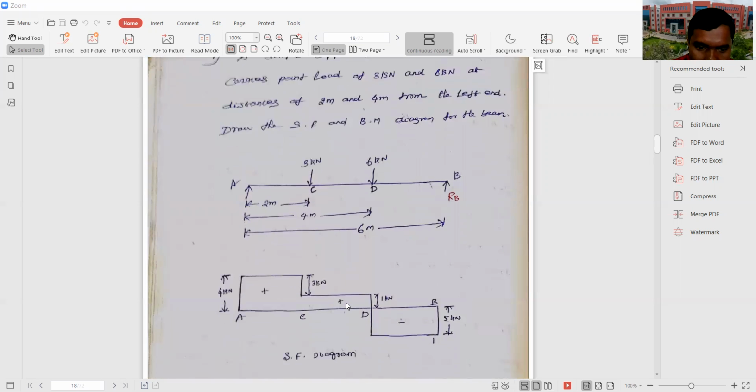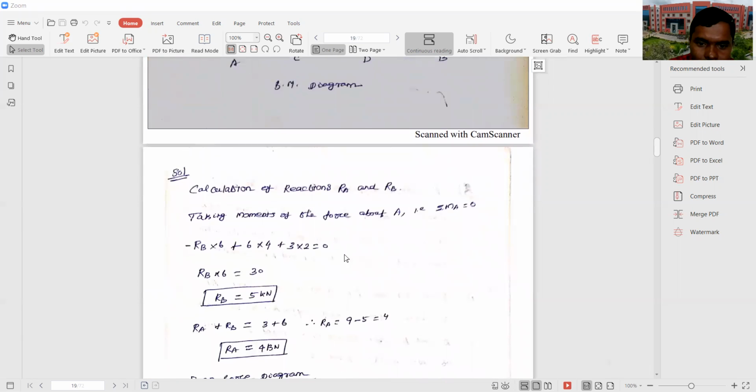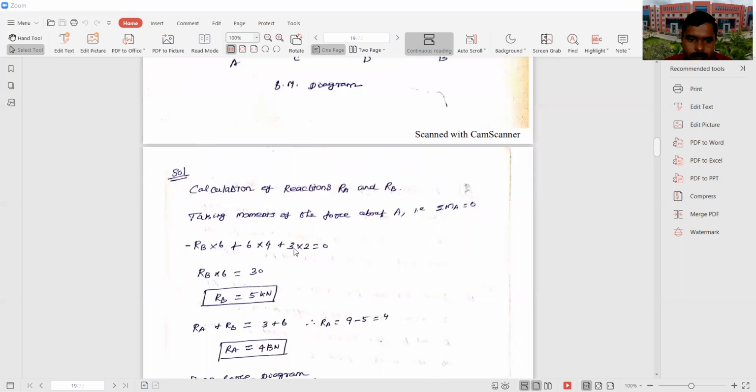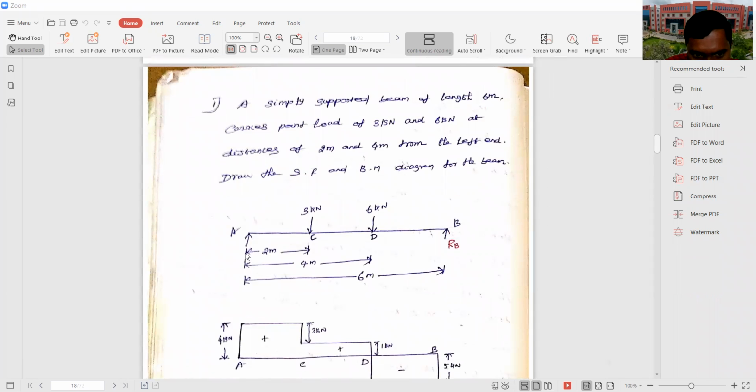Now we can see how to calculate the reactions. Taking the moments of forces about A, sum of the moment at A is equal to 0. Looking at the diagram, RB into distance 6 is anti-clockwise, so minus RB into 6.